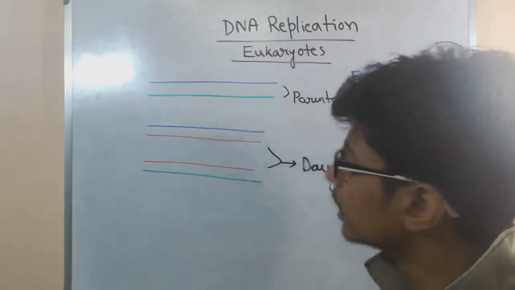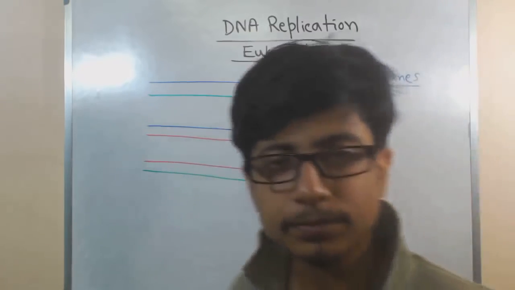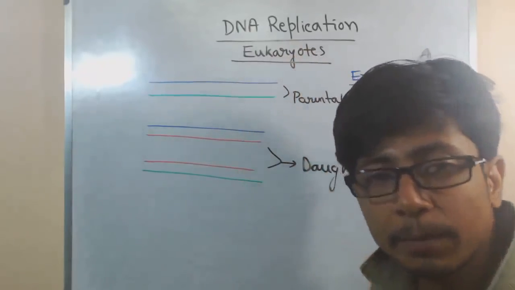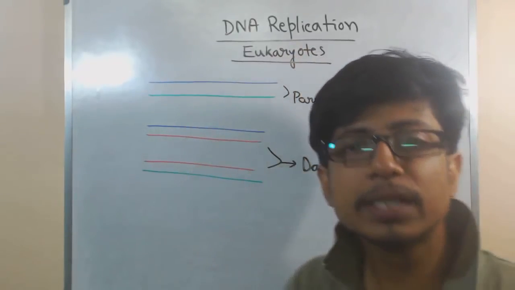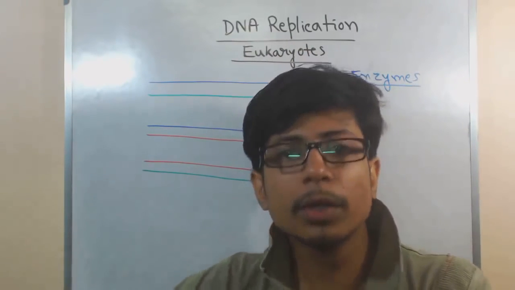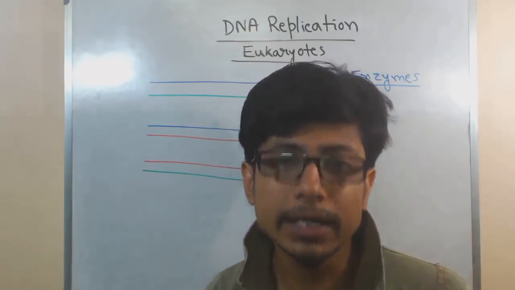Once the separation is done, then the second stage is priming. In any case, the major enzyme for the polymerization of DNA, because DNA replication means we are synthesizing a new strand of DNA, so we are making a nucleotide polymer. A deoxyribonucleotide polymer is called DNA.